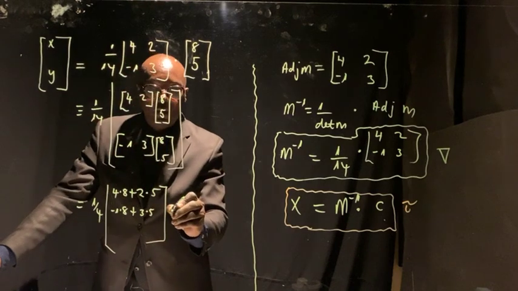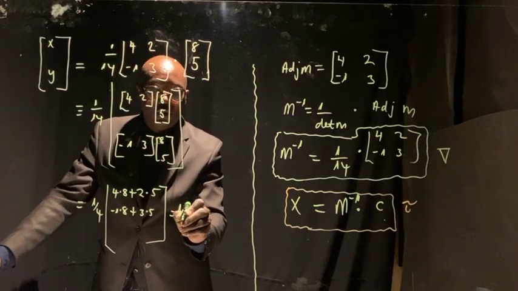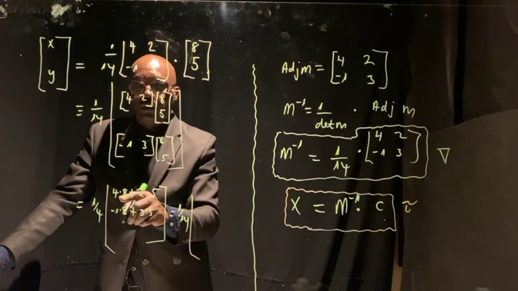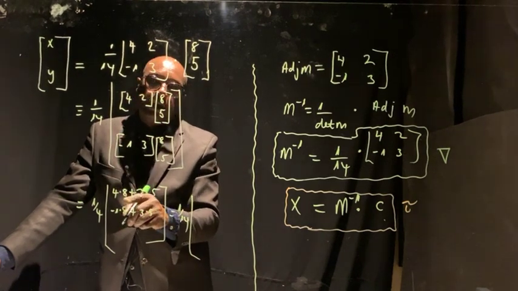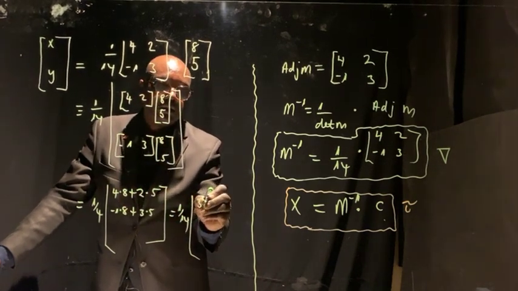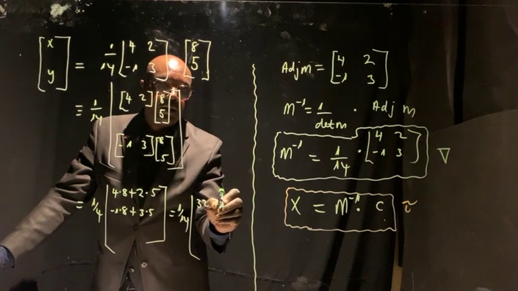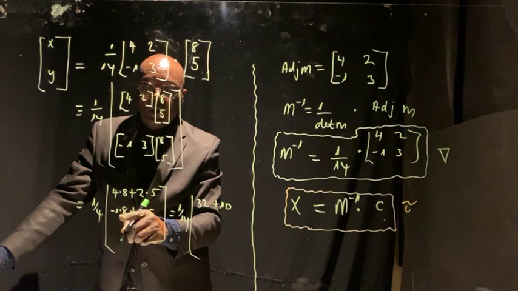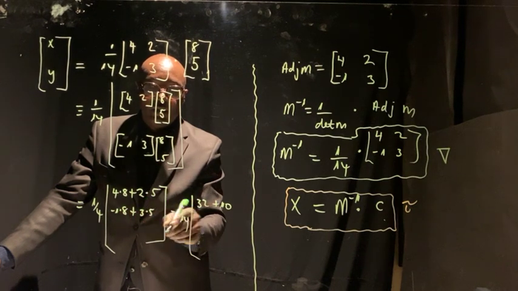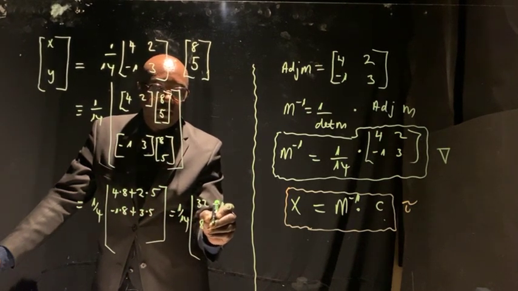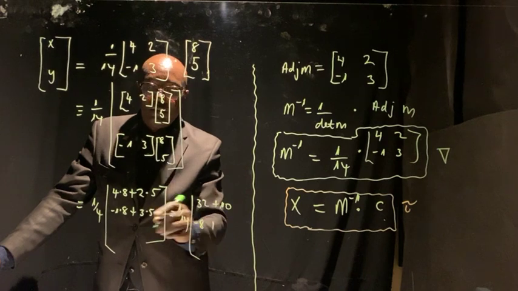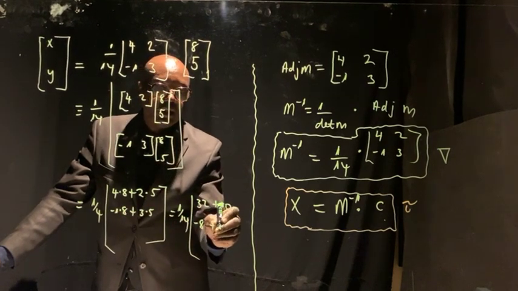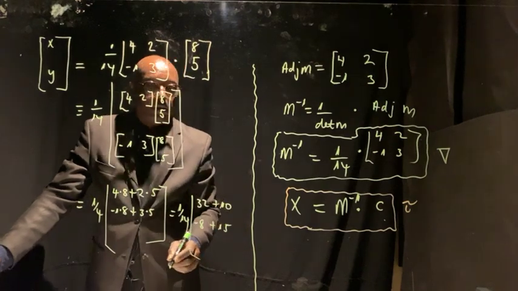So we have 1 over 14. Then 4 times 8 is 32, plus 10. Then we have minus 1 times 8, which is minus 8, plus 15. Good.